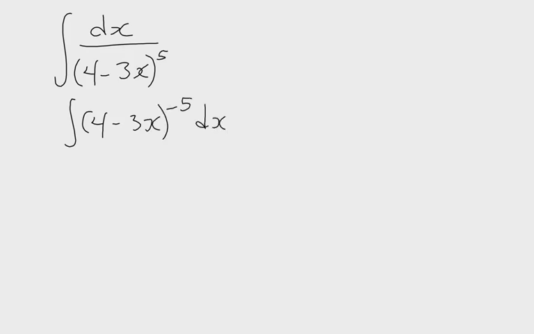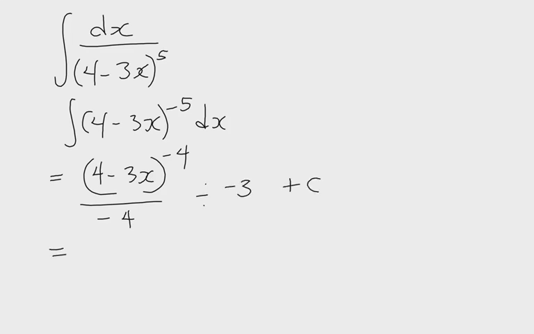So we have 4 minus 3x to the power minus 4 over minus 4. But this variable has been multiplied by minus 3. So we say divided by minus 3, plus C.